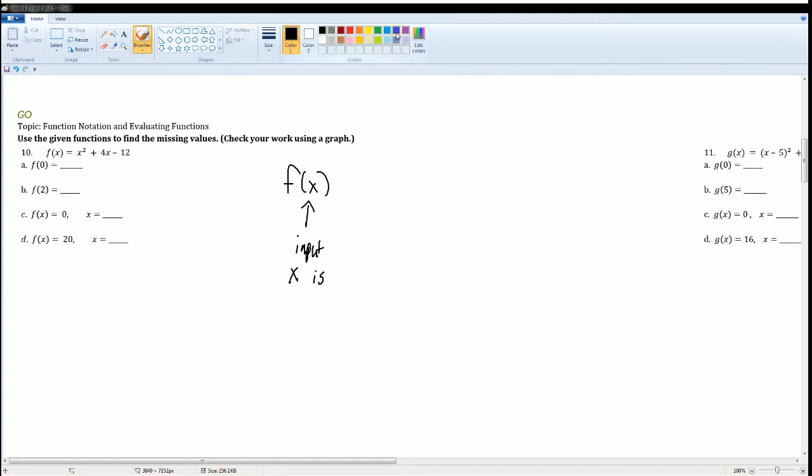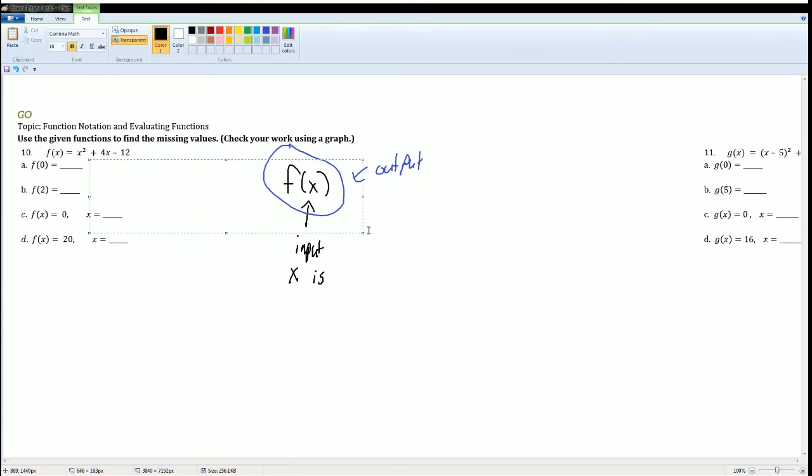The whole thing is the output. So in simple English, the first question is basically asking what is the output given the input is x equals 0. That's what it's basically saying.